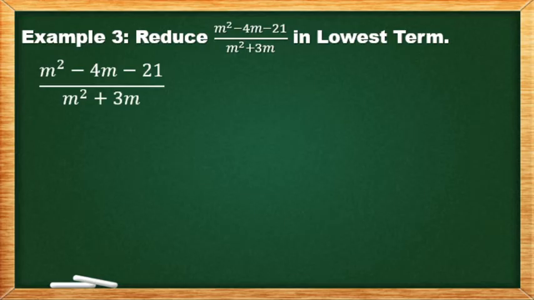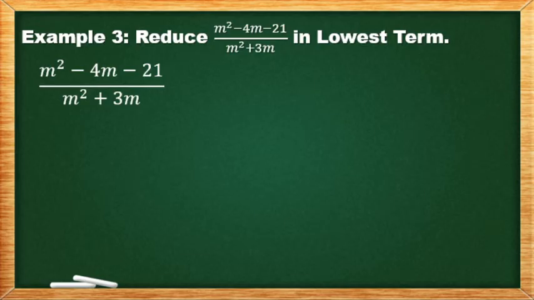Common monomial factor or ano pa yung isa? General quadratic trinomial. So since hindi perfect square ng 21, applicable sa kanya ang general quadratic trinomial, yung cross method na ginagamit natin. Sa denominator, observe, the two terms meron silang common factor.